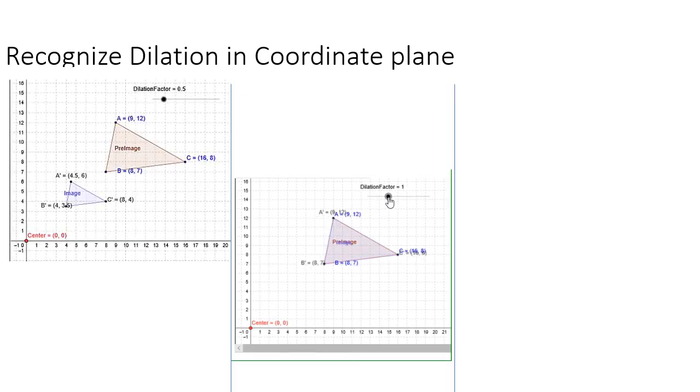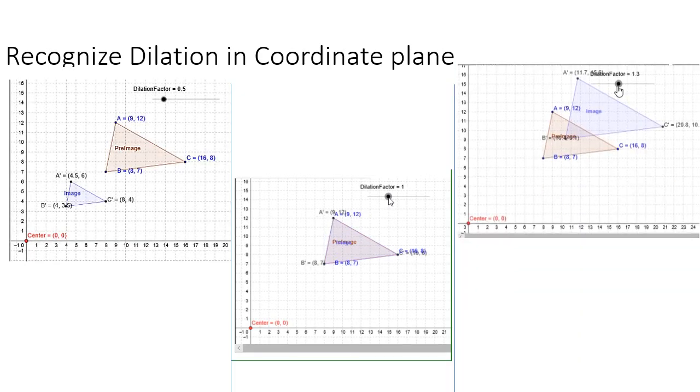I'm going to show you three cases, which tell you when the image is changing in size. If you notice the first one, the dilation factor is given as K, which is 0.5. In that case, I need to look at the pre-image and the image.